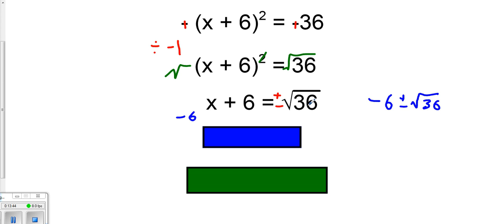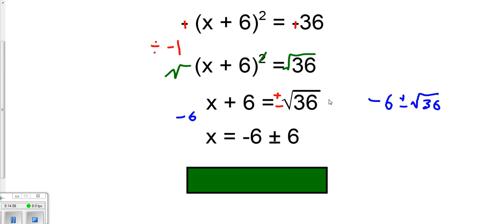Add square root of 36 or subtract square root of 36. So it's going to look something like this. Here was that minus 6 that I did right here to get rid of it on this side. We're calling it negative 6 because it's minus 6. Either we can do plus the square root of 36 or minus the square root of 36.